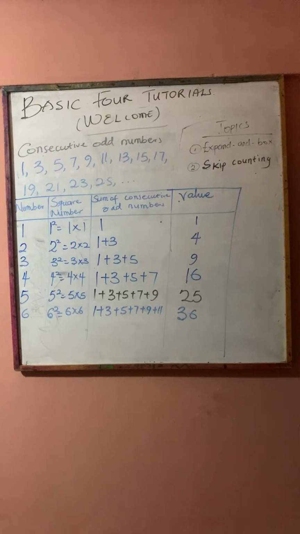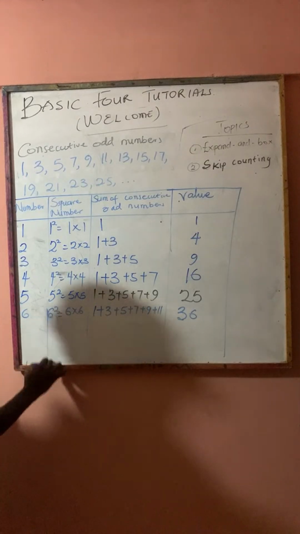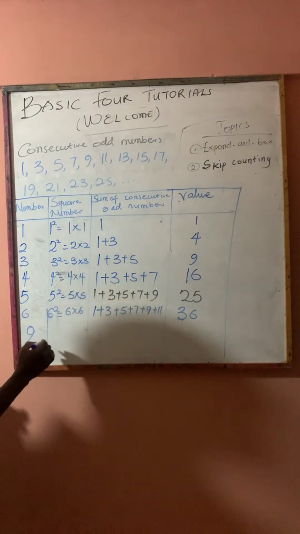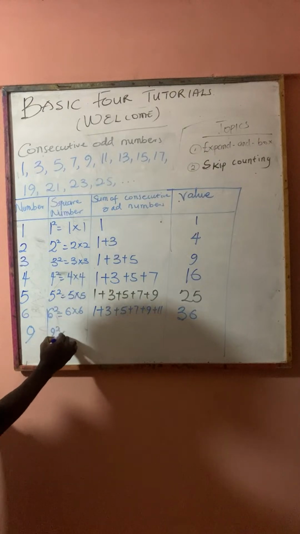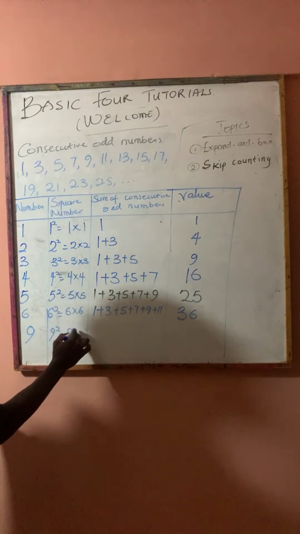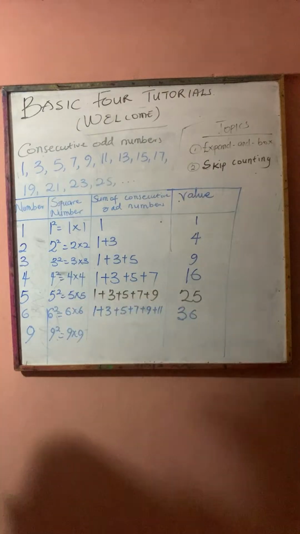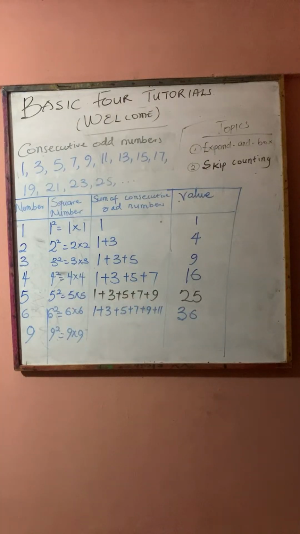Okay, let's move on. Let us all try this one. I'm skipping some numbers. Let us try that of 9. Let us find 9 squared. Let us find the value of 9 squared. The odd numbers that will be added to give us 9 squared and its corresponding value.